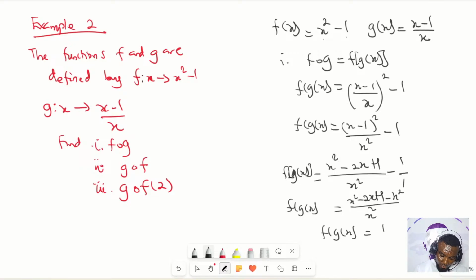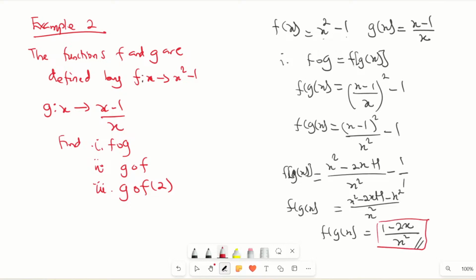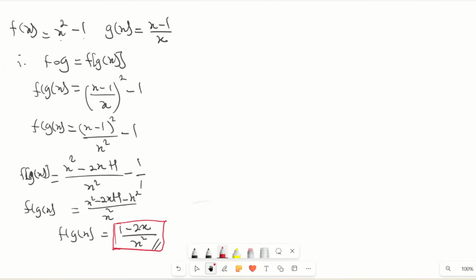So we have 1 minus 2x all over x squared. Or you can write it minus 2x plus 1 all over x squared. Both of them are right. So if you got this as your function f of g of x, then you've been able to resolve the composite function f of g.